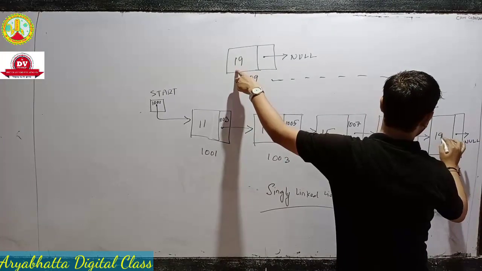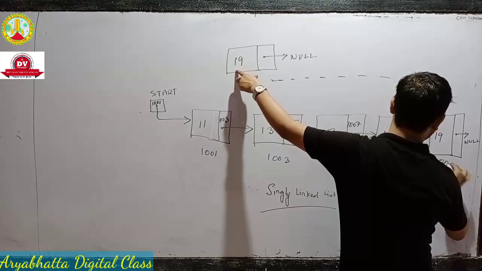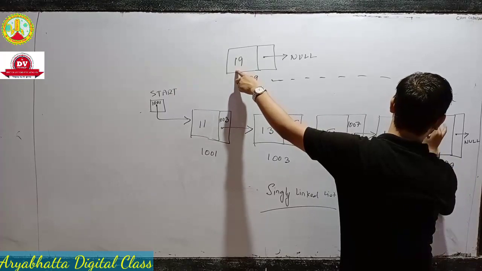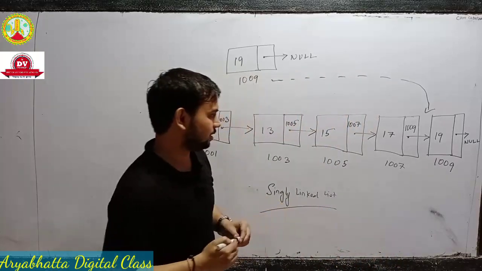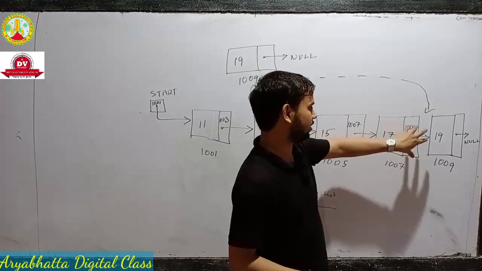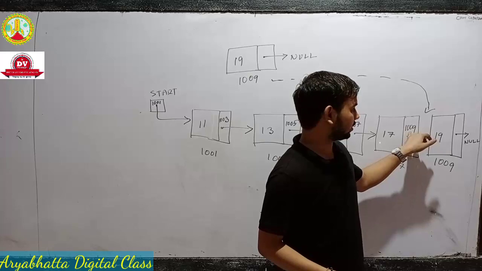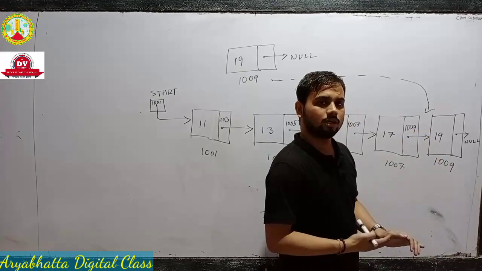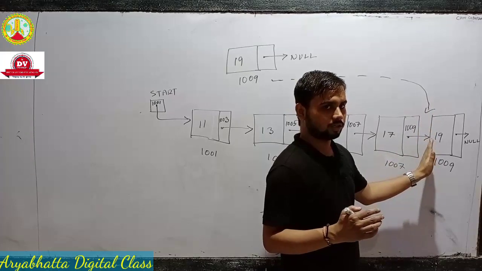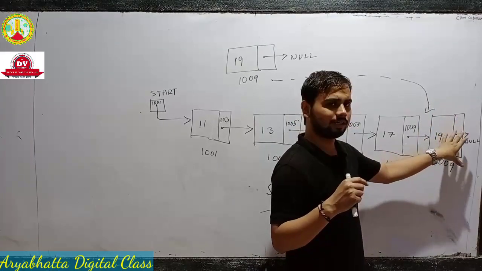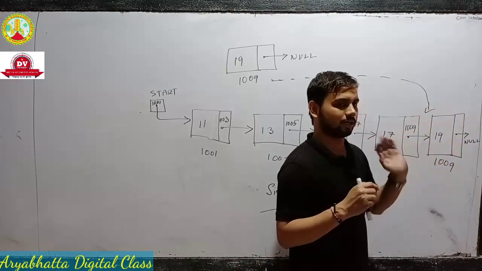This 19, 1009, the last node will now contain 1009. See, previously the last node contained what? Null. Now it will contain the memory address of this new node, because previously the list was ending here. Now your new node is added here, and now your list is ending here.